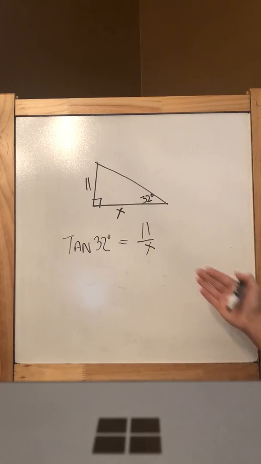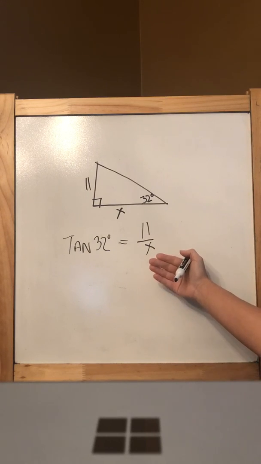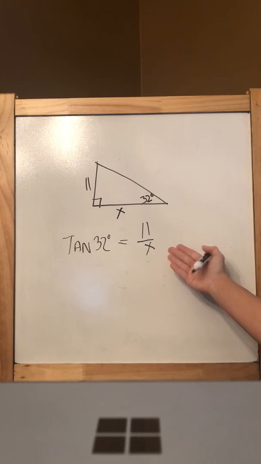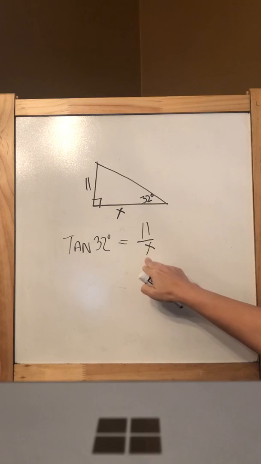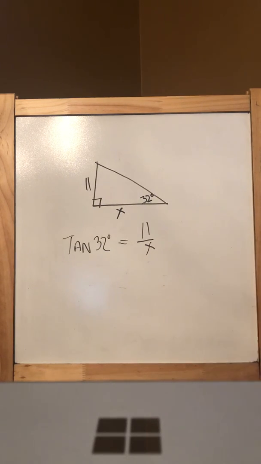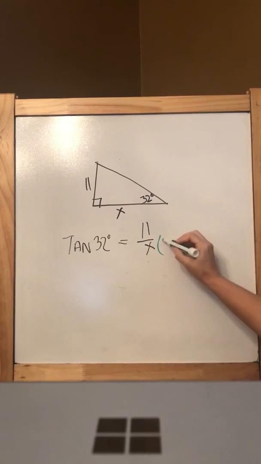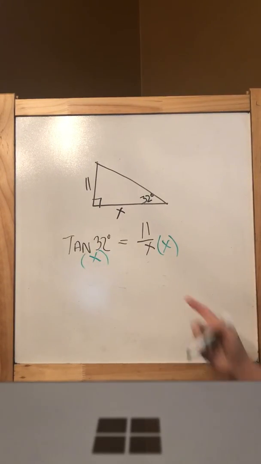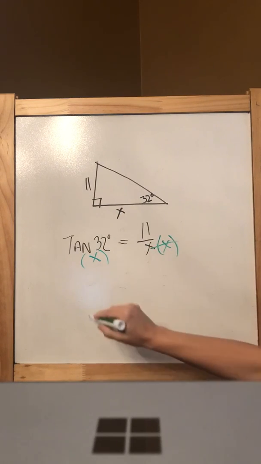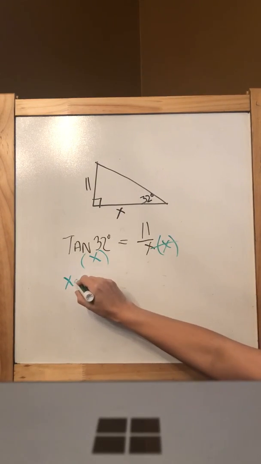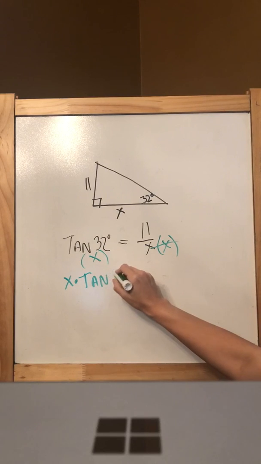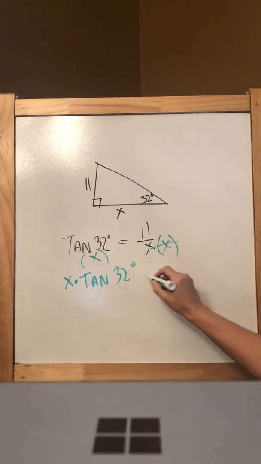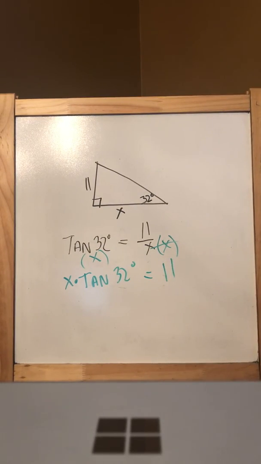All right, so now what do we do if we have any normal algebraic equation where we have something on the denominator? Well, we multiply both sides times that, right, to get rid of it. All right, so now this goes away. So we have X times the tangent of 32 degrees equals 11.